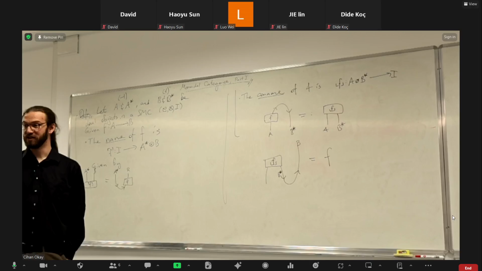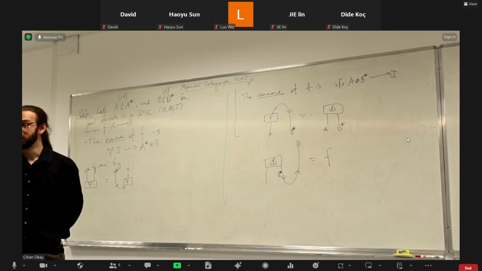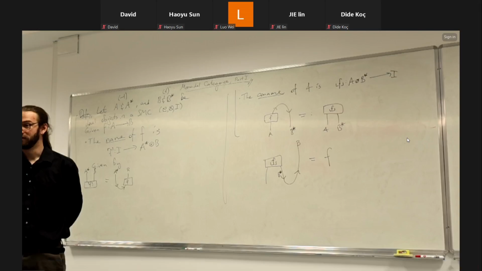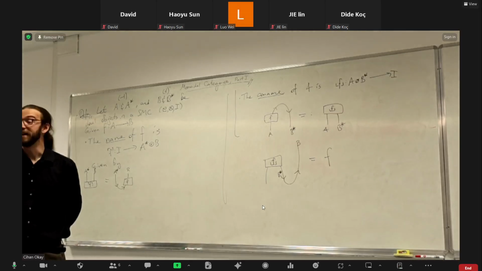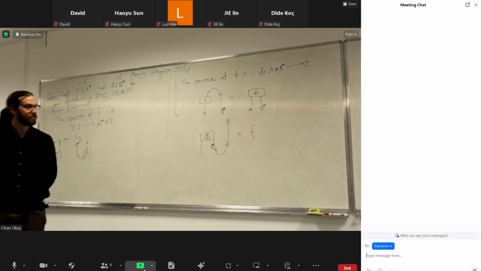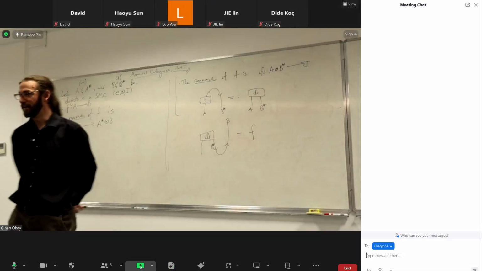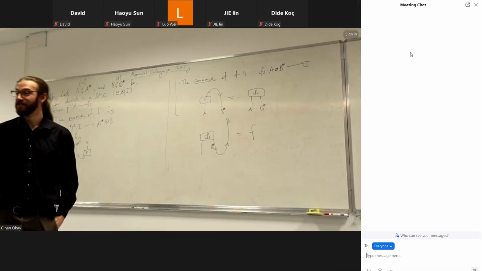Maybe a small comment. Two lemmas that you wrote before imply the double dual is functorial, or canonically isomorphic to the original. Yes, they do. Absolutely, yes.